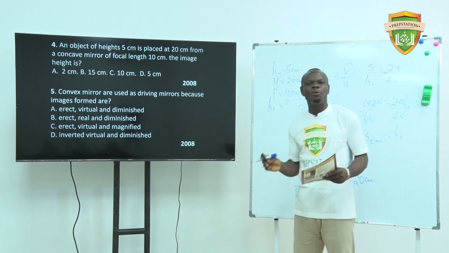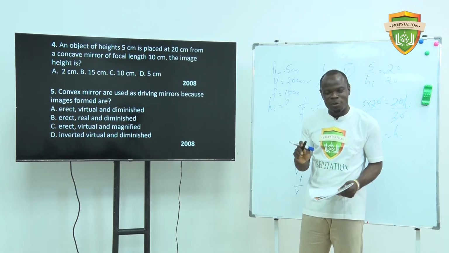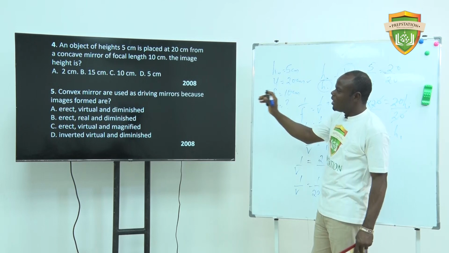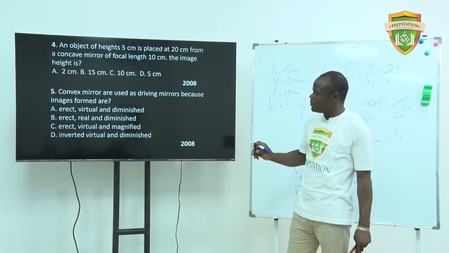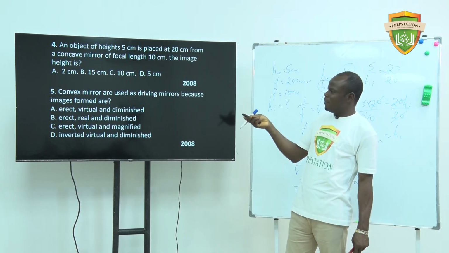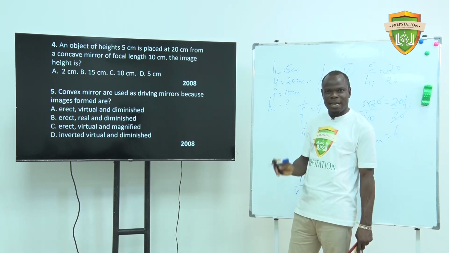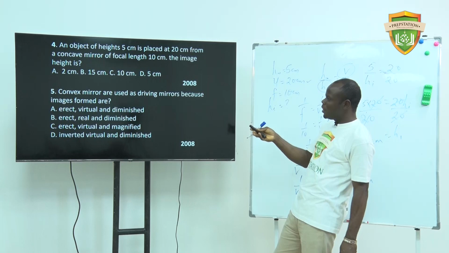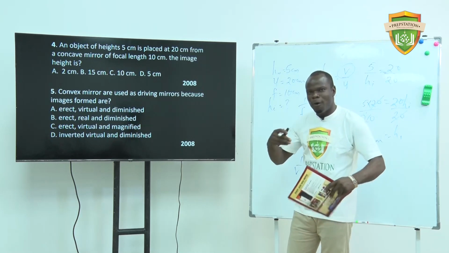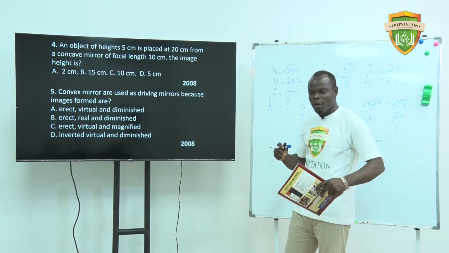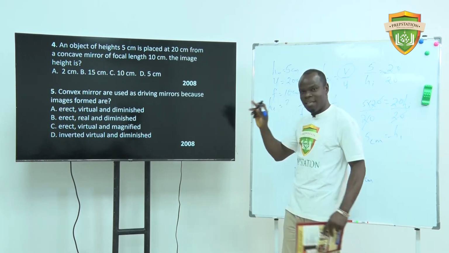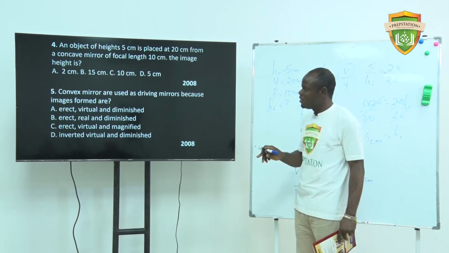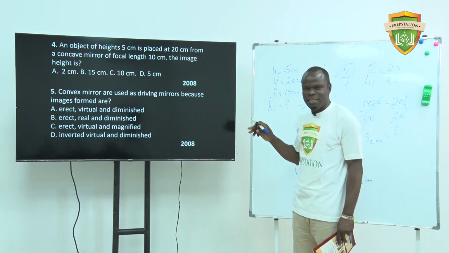When you have questions like this, you use the subtraction method and begin to remove one of them after the other. So let's take option A as a case study. Is A correct? Erect? Yes, the images are always standing when we say erect. Virtual, that is, the images are not forming on the screen, and that's true, because the more the car comes close to you, you see the distance changing. That tells you that it's not real, it's virtual. And then it's diminished.